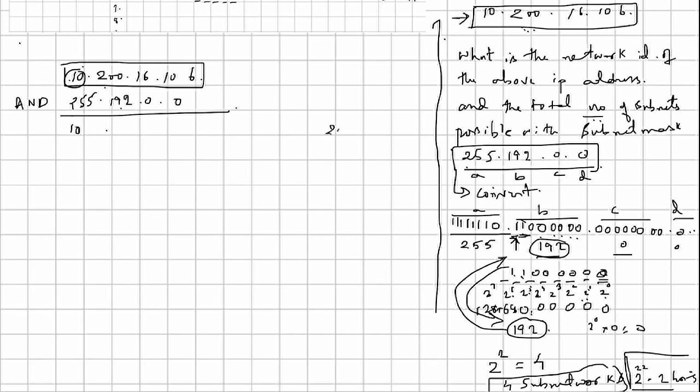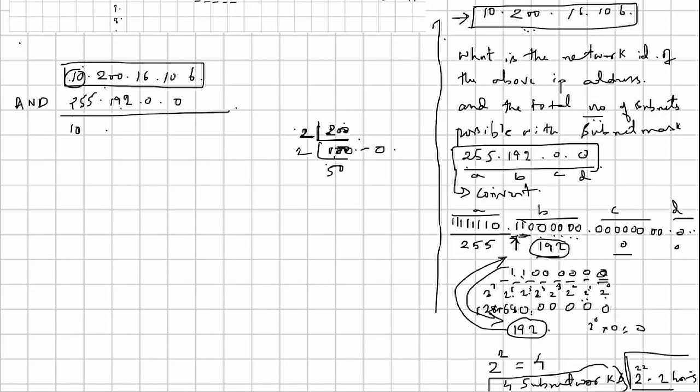If you convert 200 from decimal into binary format, you can do it this way. How to convert a decimal into a binary format? See here, I am writing 200 and dividing 200 by 2. It is 100 and the remainder is 0. Again divide this 100 by 2.